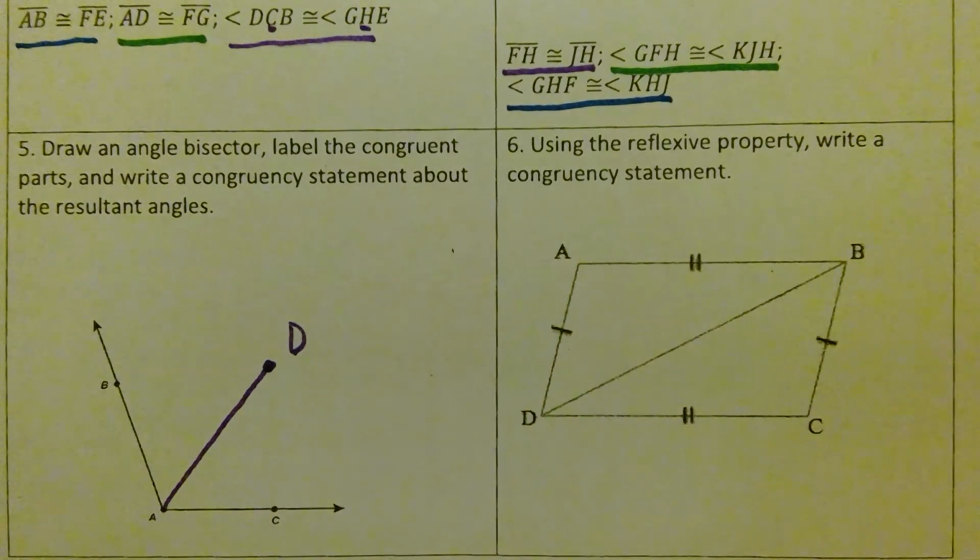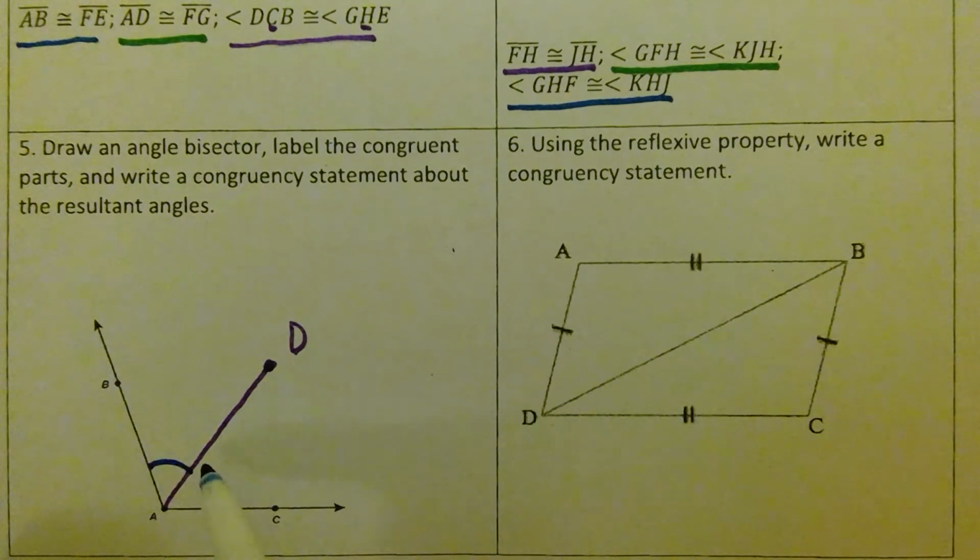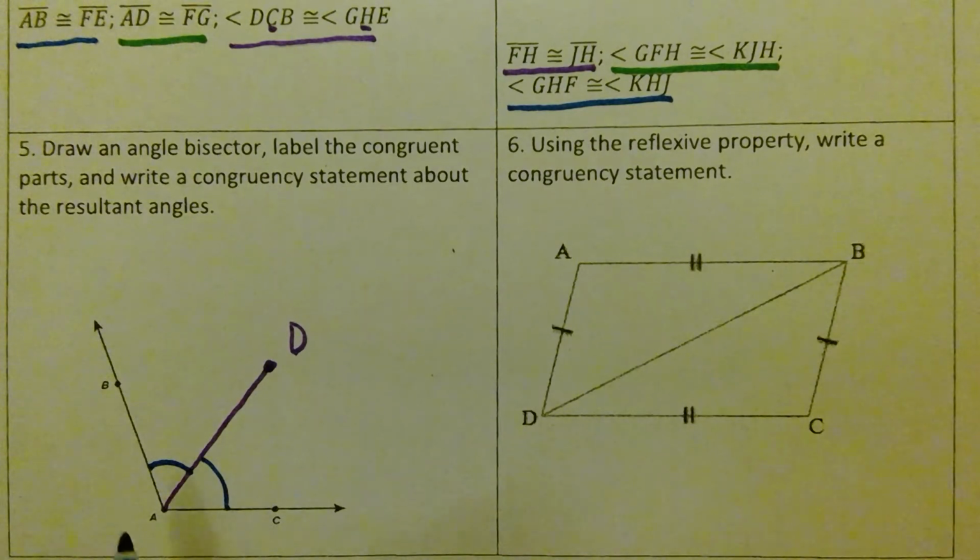Okay. So we did that. We're going to label the congruent parts. Okay, so if we cut this big angle, angle BAC, in half, that means that this angle right here and this angle right here should be congruent. Now, they look like they might not be congruent based off of our markings because they look like they're different sizes. However, since there's 1 arc here and 1 arc here, those markings tell us that those angles are in fact congruent.